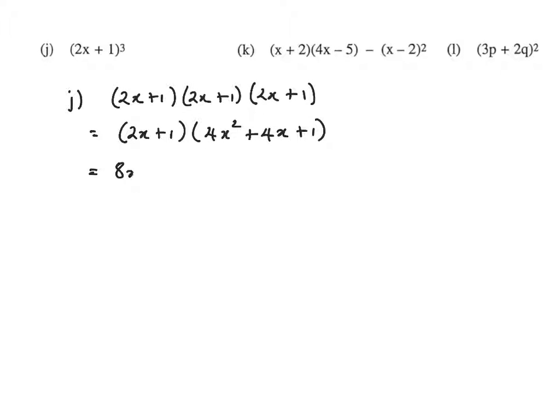That gives me 8x cubed plus 8x squared plus 2x plus 4x squared plus 4x plus 1. And that's 12x squared.